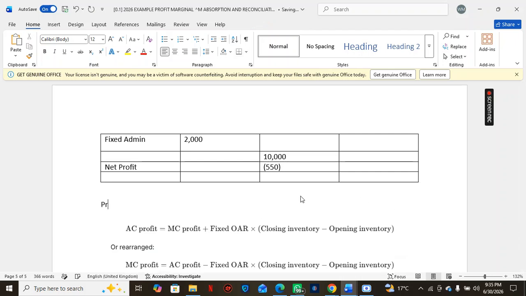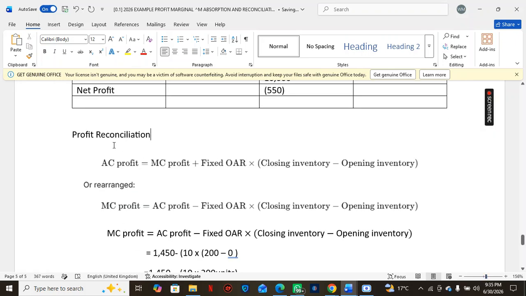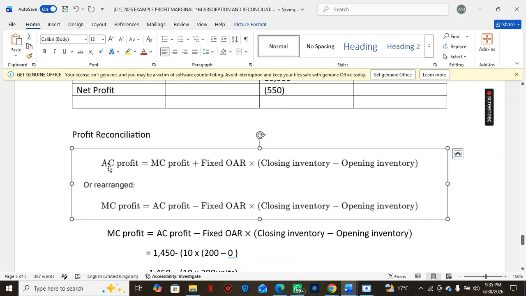Okay, then if they ask you to do profit reconciliation, you can use this formula. If you want to get your absorption costing profit, it's your marginal costing profit plus the fixed overhead absorption rate multiplied by the closing inventory minus the opening inventory.